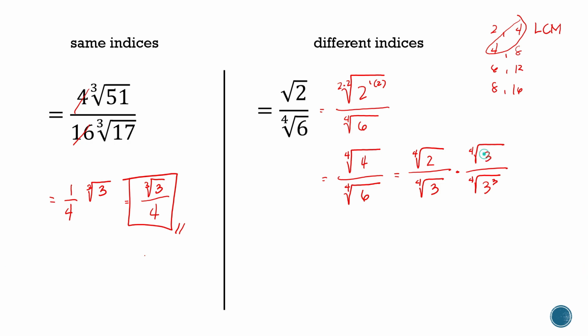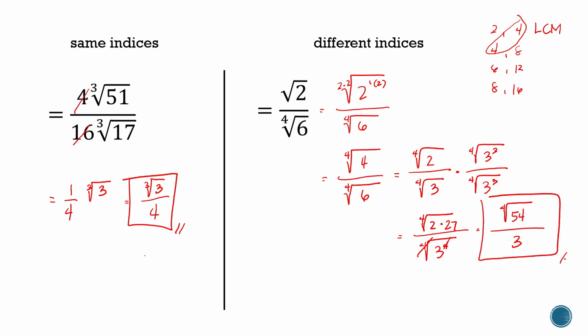I will also multiply the numerator by that, and this will be equal to the fourth root of 2 times 27, since 3 raised to 3 is 27, over the fourth root of 3 raised to 4. So our numerator will be the fourth root of 54. And I can now cancel that fourth root of 3 raised to 4. That is just equal to 3.